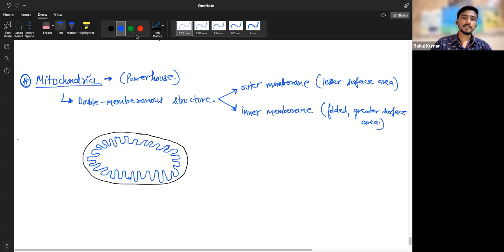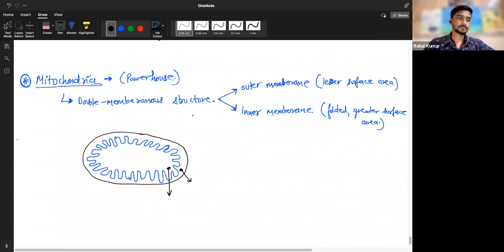But because of this, you now see that there are two spaces. One space is this one between the outer and the inner membrane, right? And one space is inside the inner membrane, right? So the lumen is the internal space of the mitochondria. So the lumen is divided into two spaces distinctly.